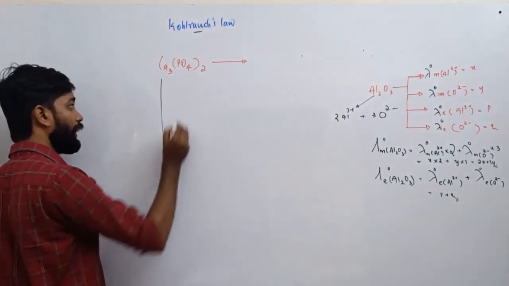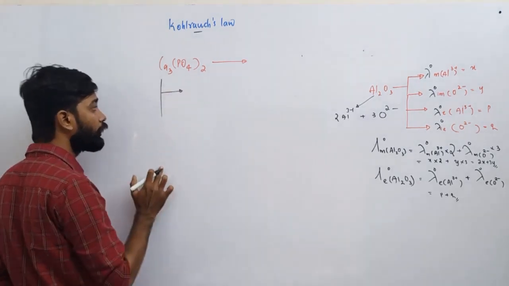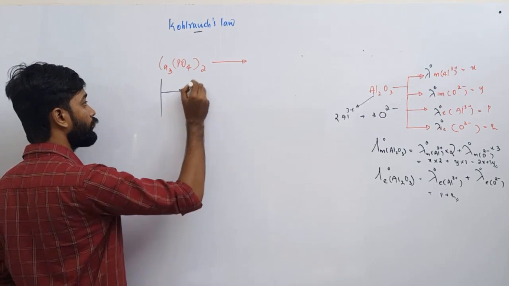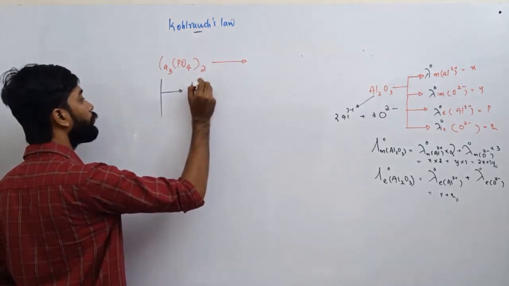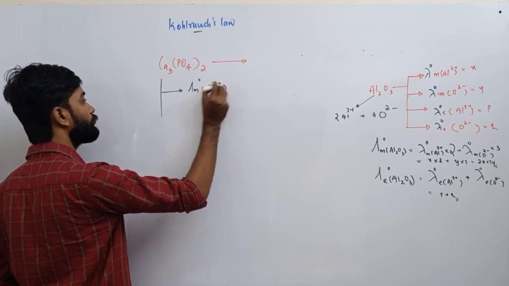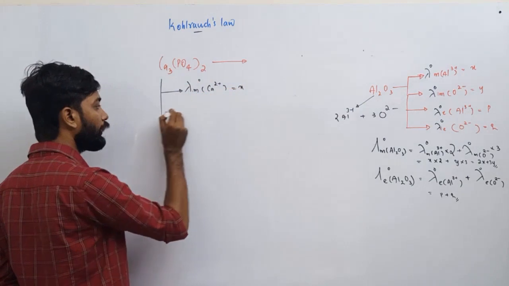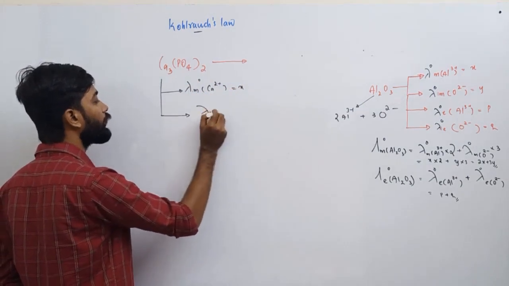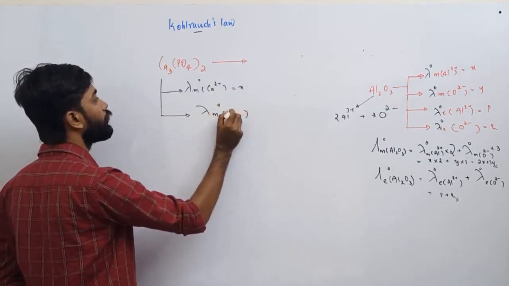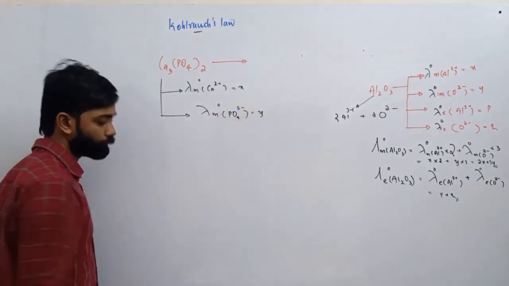Fine. And here the values are given as: the limiting molar conductivity of Ca2+ is given as x and the limiting molar conductivity of PO4 3- as y.